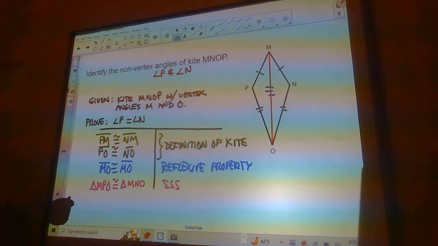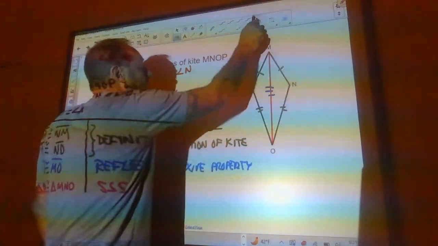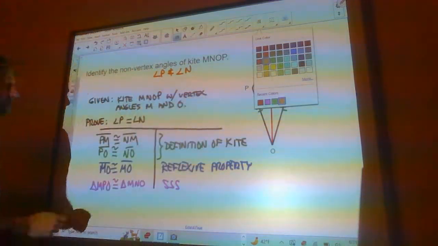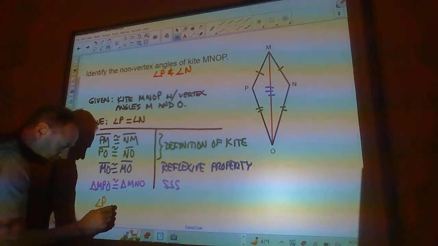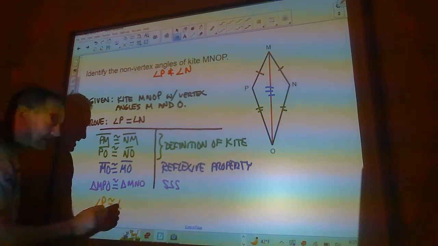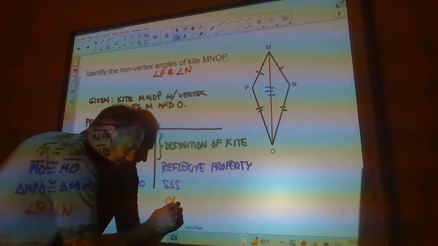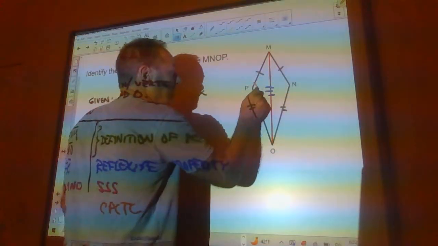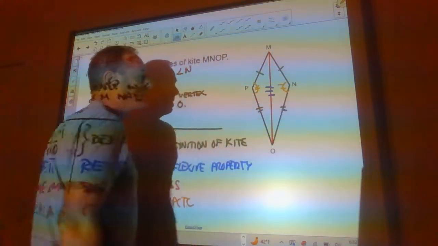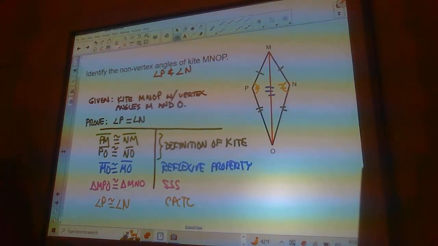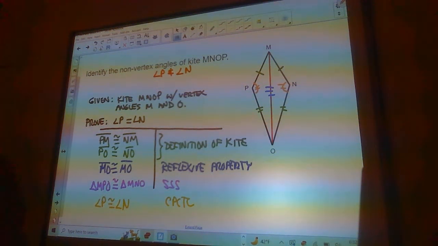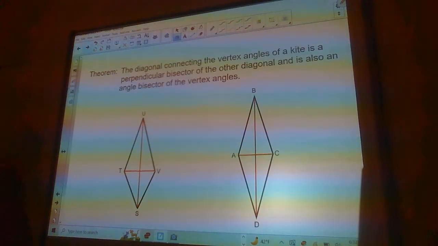So the triangles are congruent, and now we can finish this off. Angle P is congruent to angle N by CPCTC. These have to be congruent because they're corresponding parts of congruent triangles. And I'm done. So we proved one of the properties of a kite.